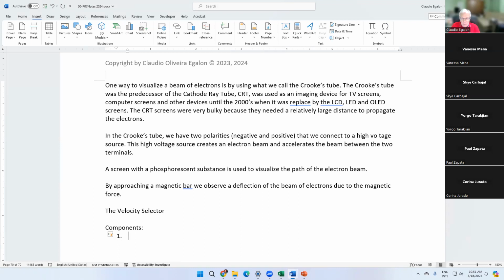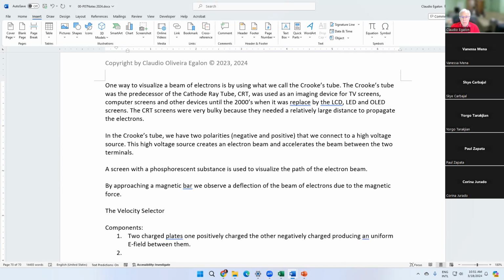One, two charged plates, a parallel plate capacitor. Two charged plates, one positively charged and the other negatively charged, producing a uniform electric field between them.